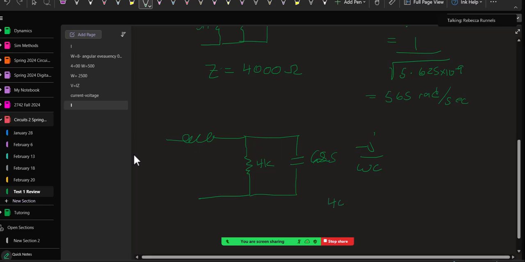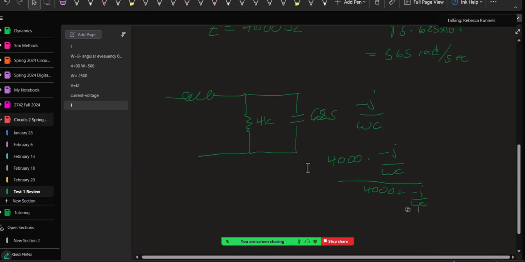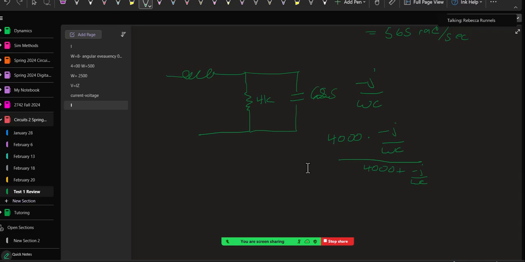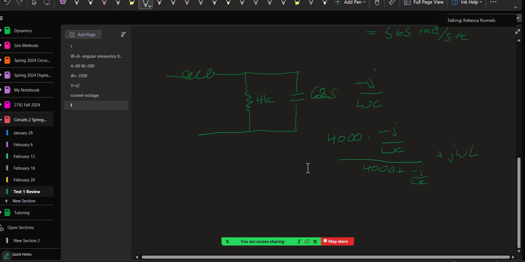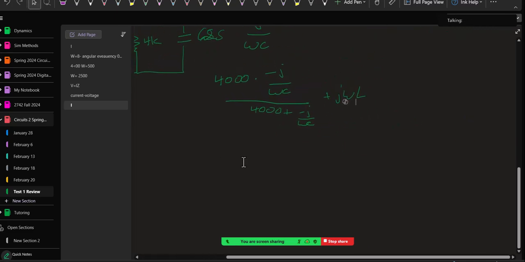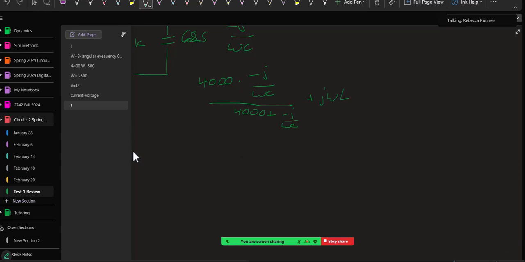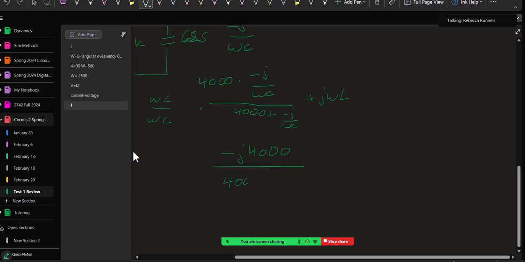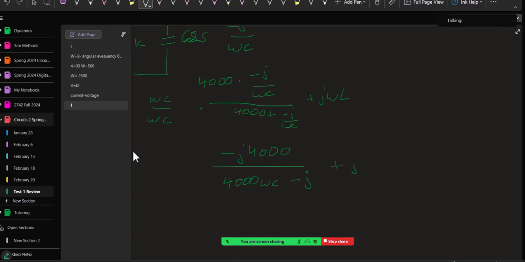So it's going to be 4,000 times minus j over omega C over 4,000 plus minus j over omega C. And then I'm going to take that and add that to my inductor, which is plus j omega L. So if I multiply by omega C over omega C, this becomes minus j 4,000 over 4,000 omega C minus j, plus j omega L.